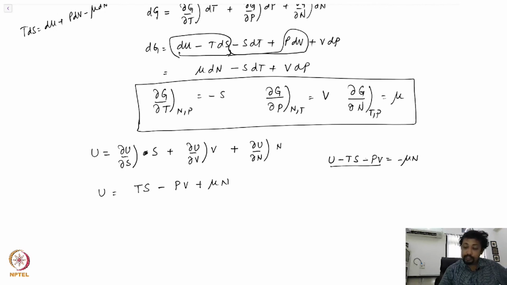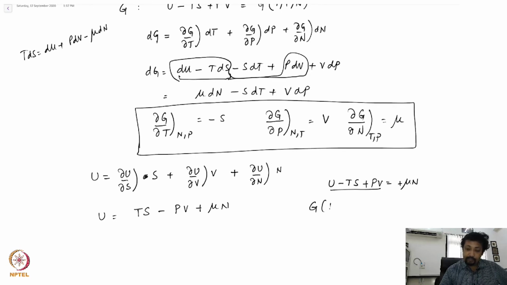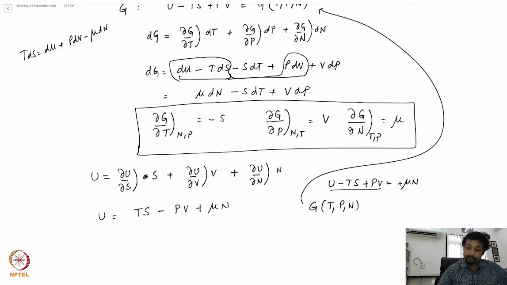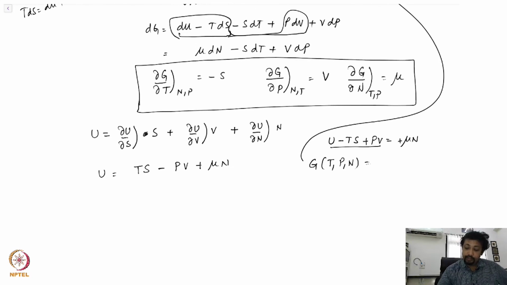U minus TS plus PV is plus mu N. If that is the case, then I clearly see that G of T, P, N, and this follows all the way from this relation that we have defined, is equal to mu times N. Correct? So that del G del N is equal to mu. It is consistent with this definition.